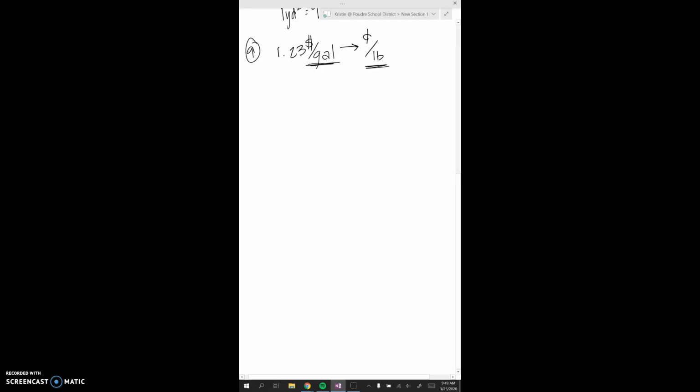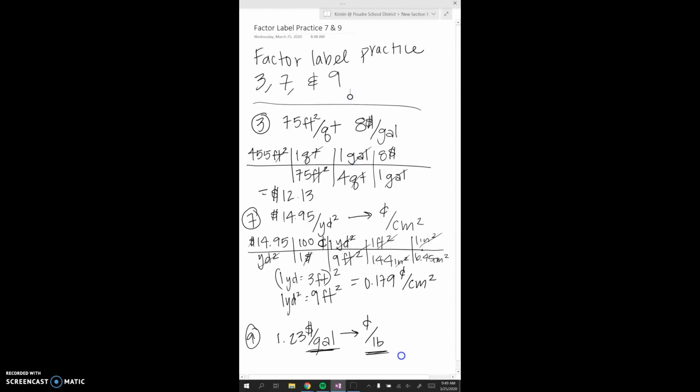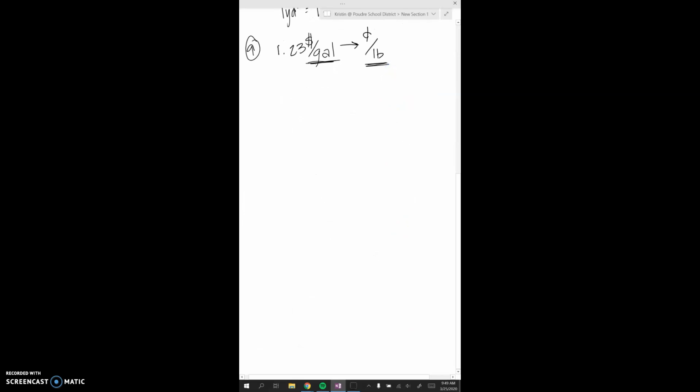When I see that, I immediately think, okay, volume and mass, I need a density. So I look at the top of the sheet and I find the density of gasoline, which is, of course, given in a completely ridiculous unit.